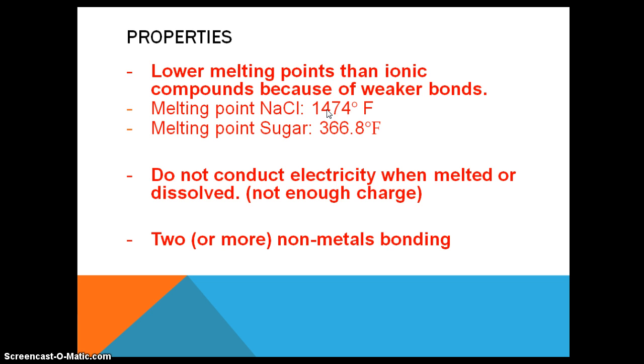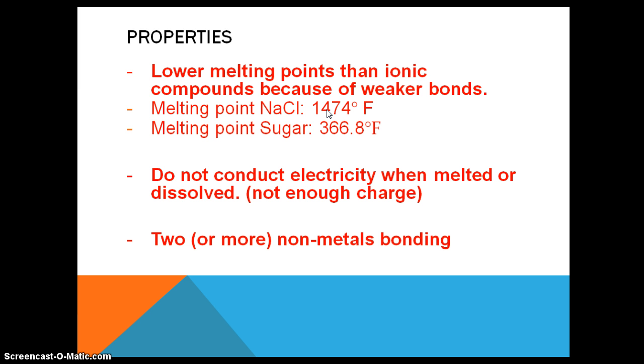You may in some cases have a very weak conductivity as far as the electric current goes, but not nearly as strong as the ionic bonds, if you have anything at all. It's a result of when you dissolve or melt and break apart those covalent compounds, there isn't enough charge there.